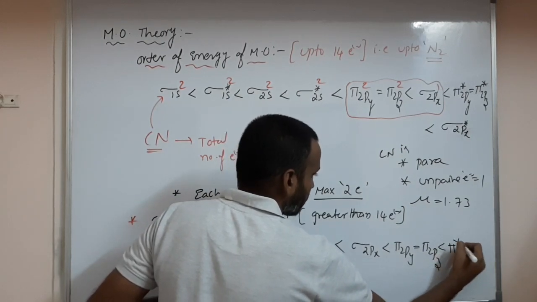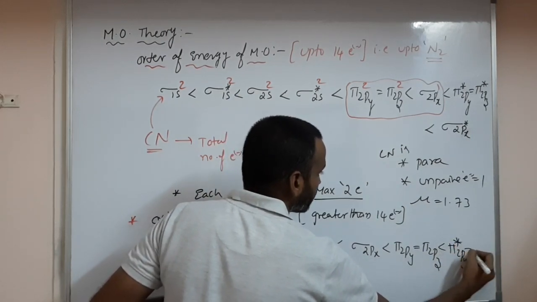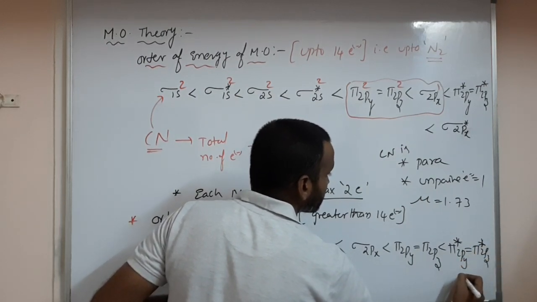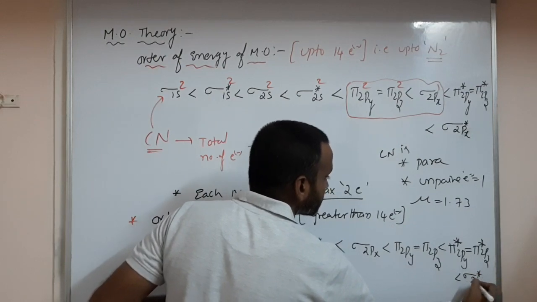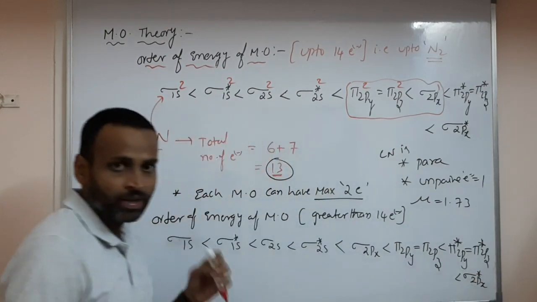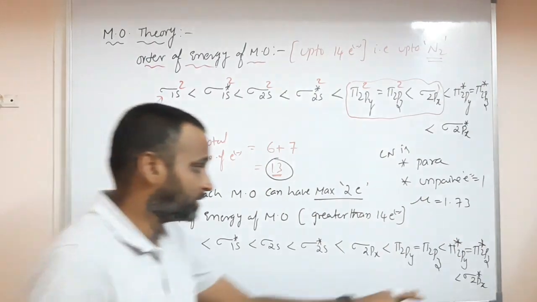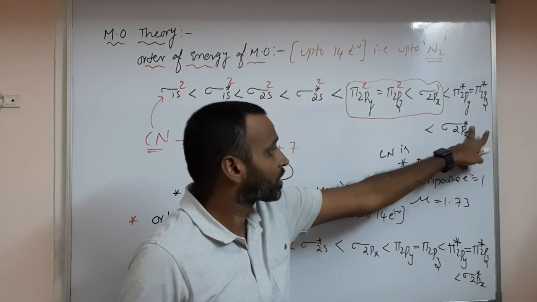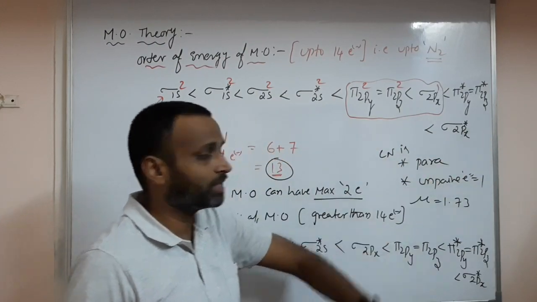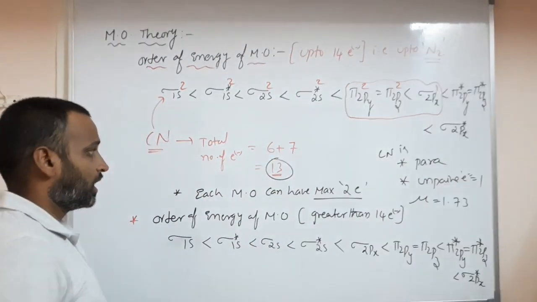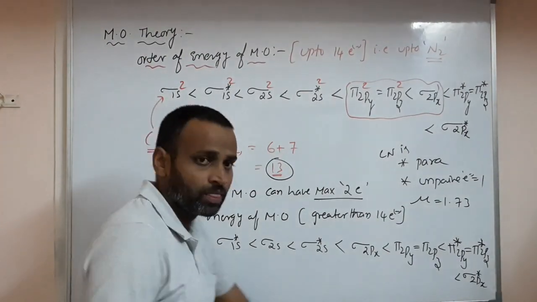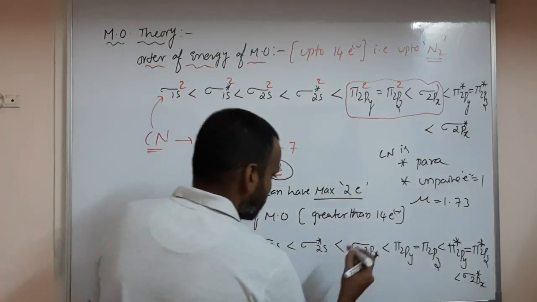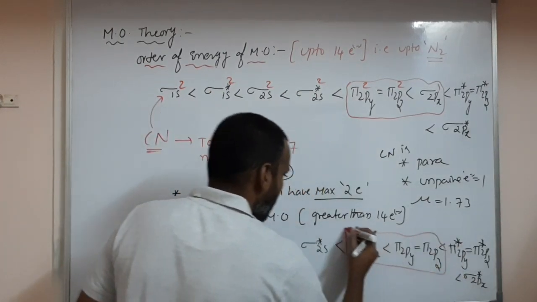Then no change. Pi star 2py, pi star 2pz, and highest is sigma star 2px. Highest energetic, least stable. Energy increasing, stability decreasing. Because energy and stability both are inversely proportional. This order you have to fill, and this is the change we made.